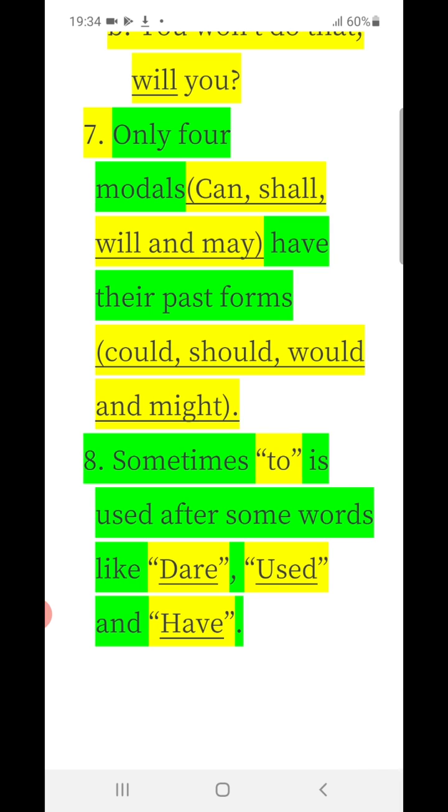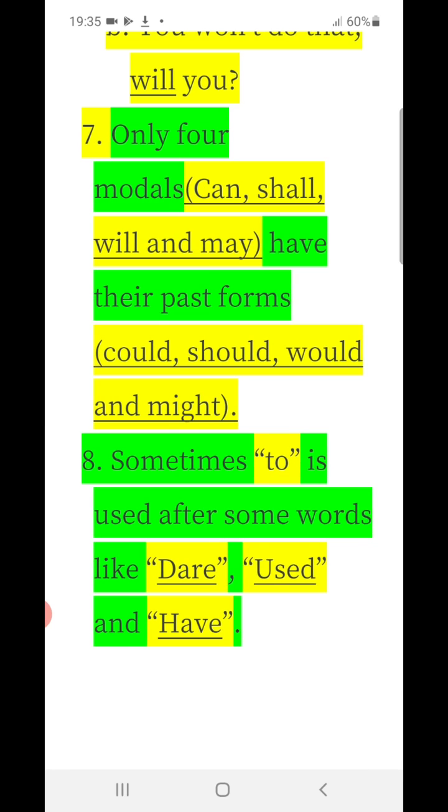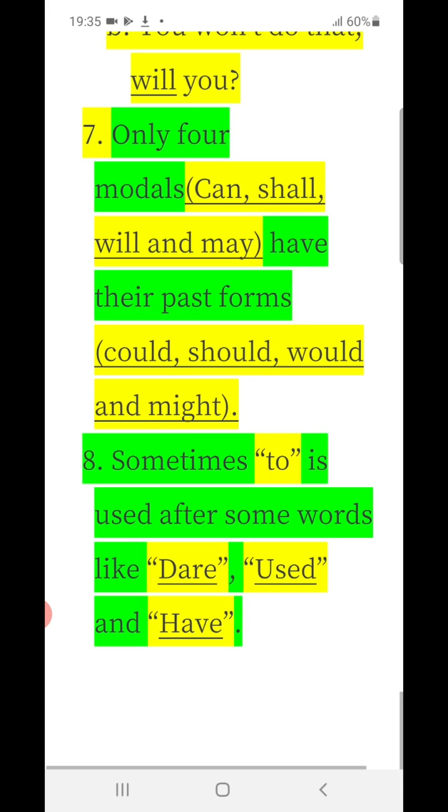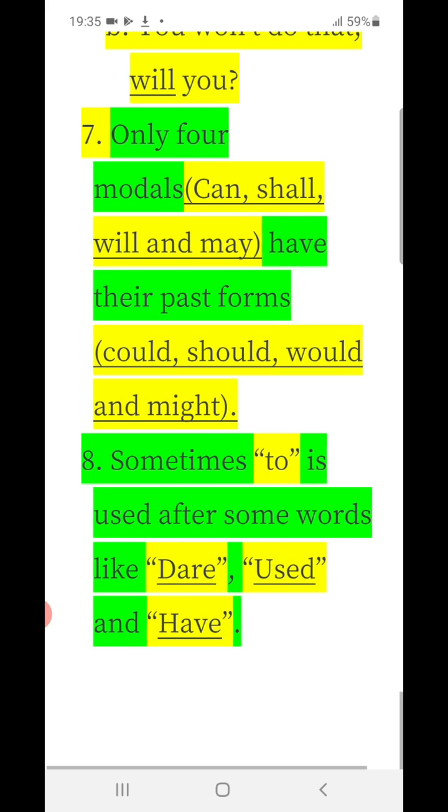In case of have, in its past form, suppose had to, or when the subject is in the present form, having singular number, and will be in third person. So when the tense is present and the subject is in third person singular number, then has to can also be used.